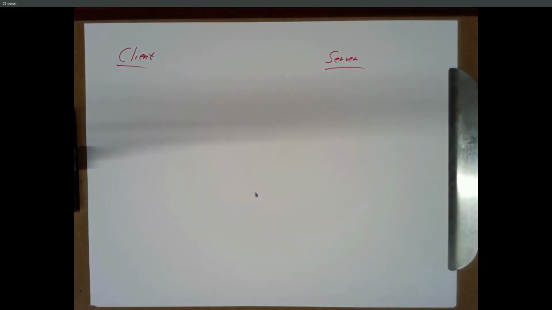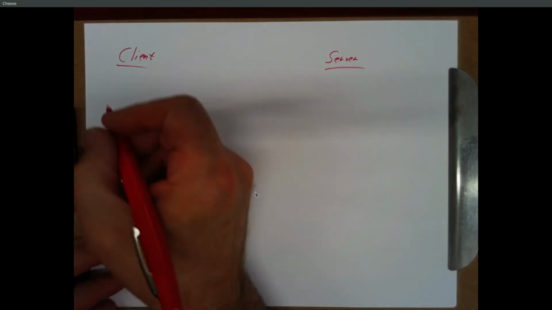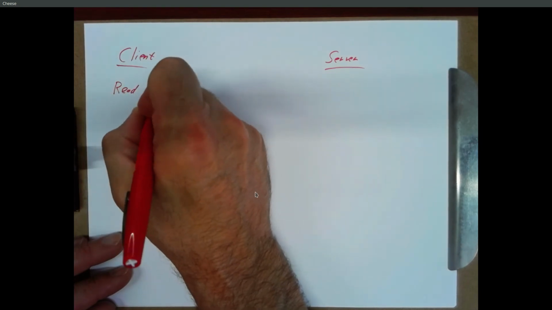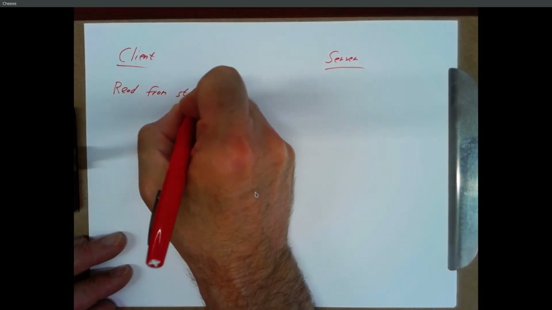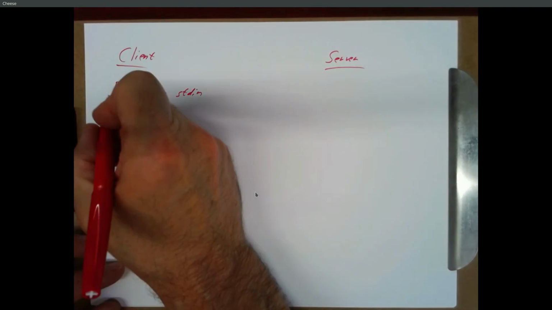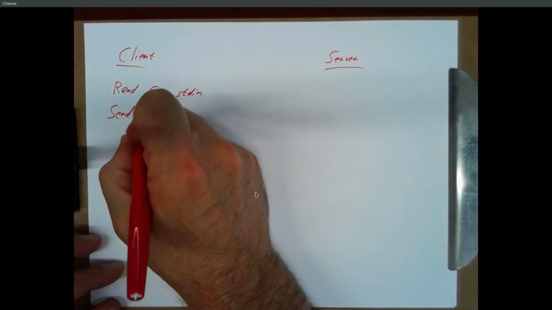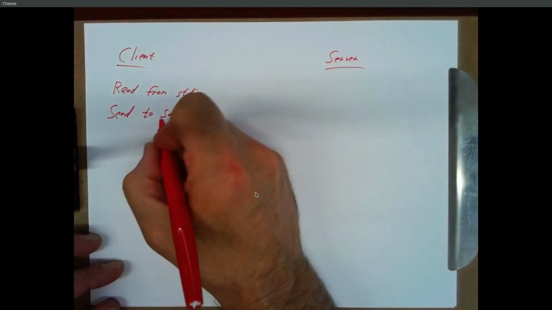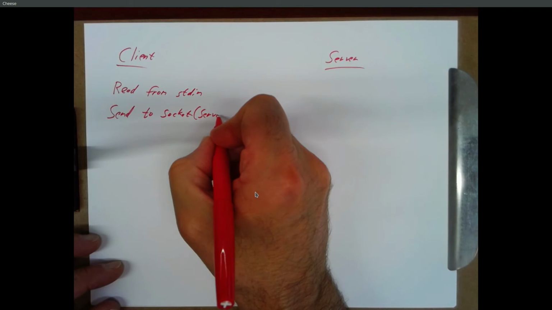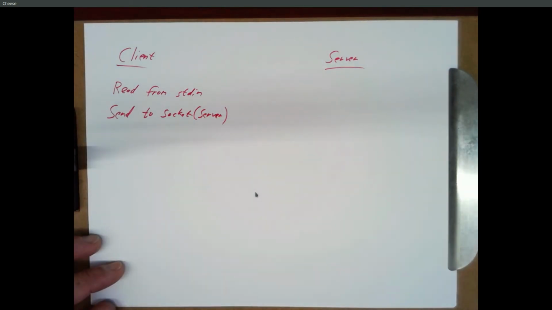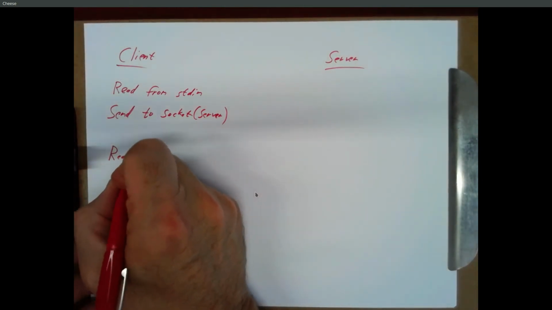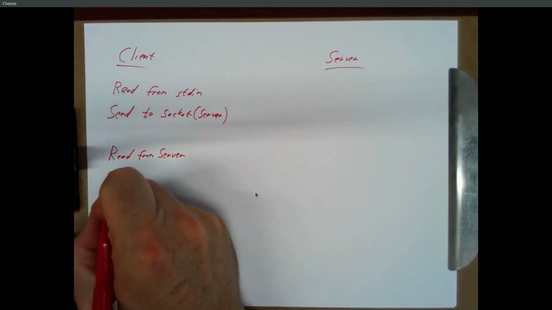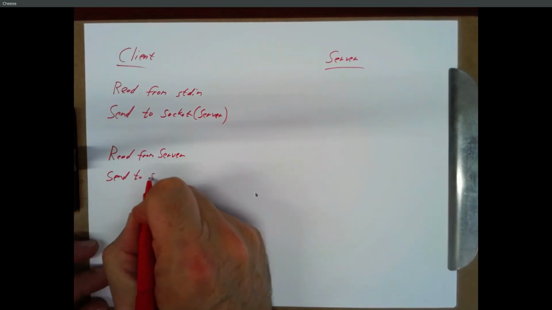So pseudocode for this, pretty straightforward at a first level. Client can do the following: read from standard in. So let the user type in a message. Send whatever they typed in to the socket, right, to the server. And then read from the server and send to standard out.